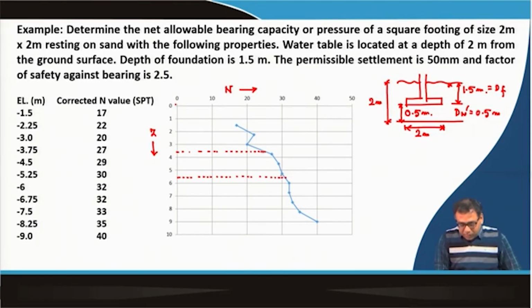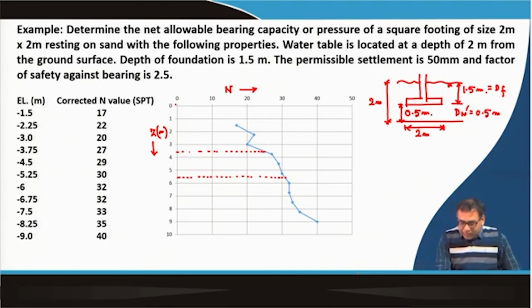So this 3.5 meter is the influence zone from the surface for bearing consideration only, and 5.5 meter is the influence zone from the surface considering the settlement.